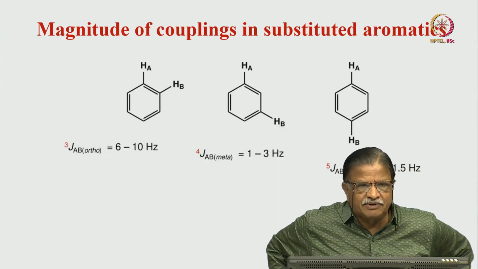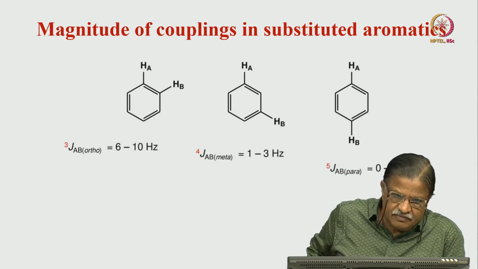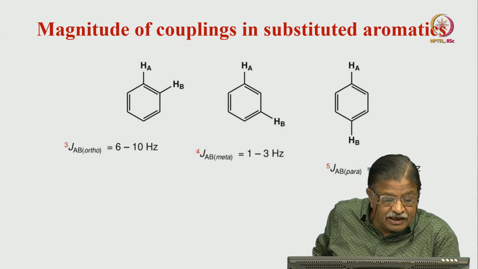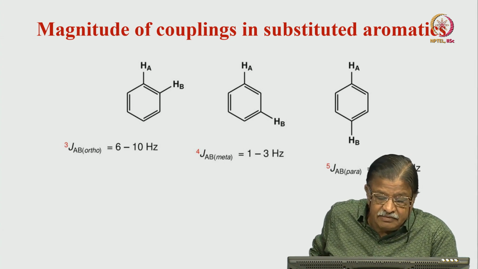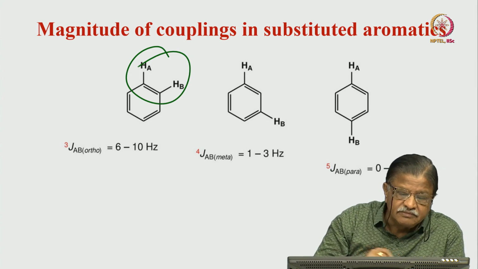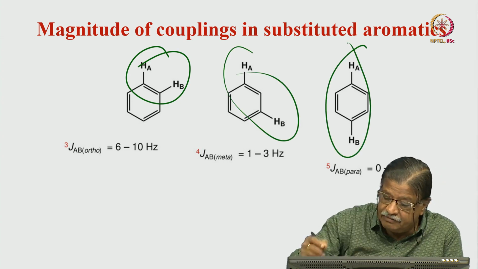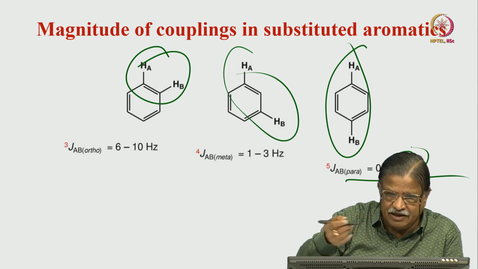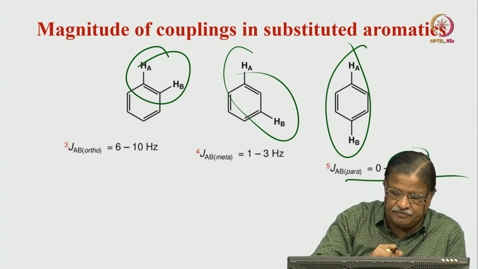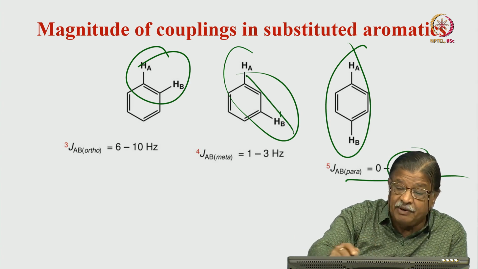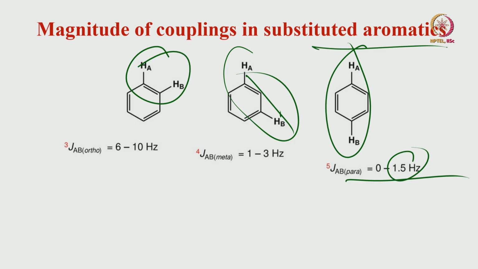And the magnitude of the coupling in substituted aromatics. Consider a molecule like this, an aromatic like this. As I told you already, ortho coupling is quite large, then meta coupling, then comes para coupling. Para coupling is generally less than 1.5 hertz or so. Meta coupling is 1 to 1.5 hertz, but it depends upon the substitution, where you are substituting, whether you are substituting the ortho, meta or para position, whether it is monosubstituted, symmetrically disubstituted or asymmetrically disubstituted, everything matters.